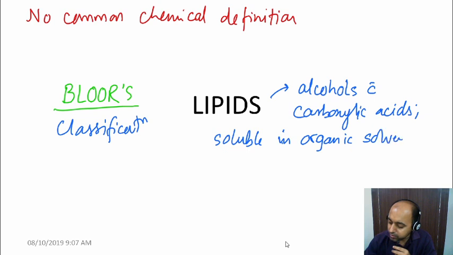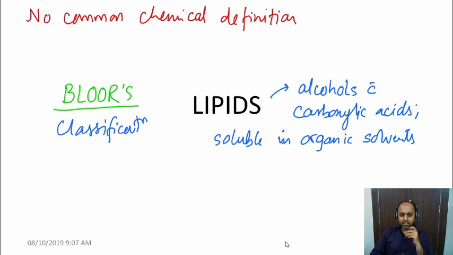In addition, they are soluble in organic solvents. So these two features are commonly used to identify the lipids. One part is chemical property, one part is the physical property. So together we try to talk about the lipids.